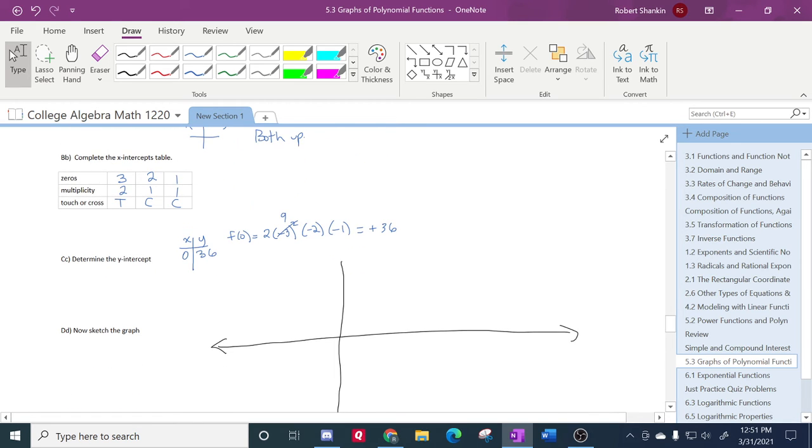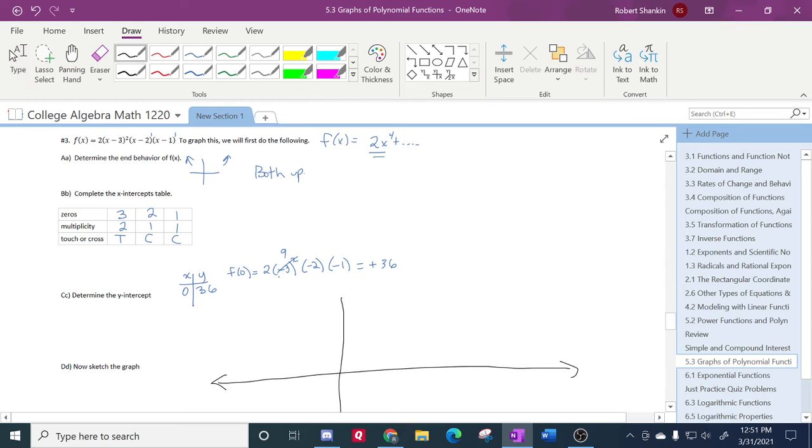But the y's, if I just went up to 3 in the same scale, I'd never get up to 36. Now it's perfectly legitimate to go in one direction by like 10s. You often have to do this.